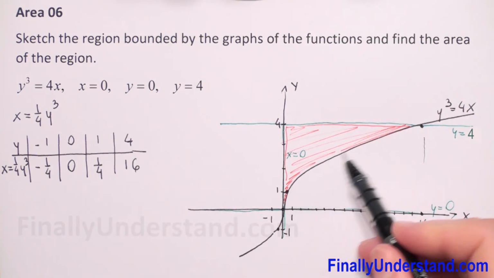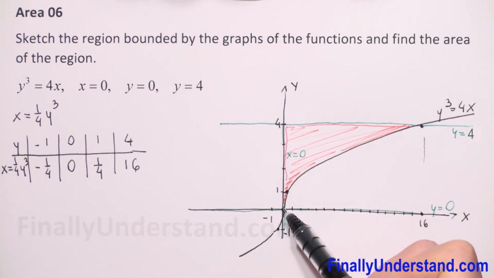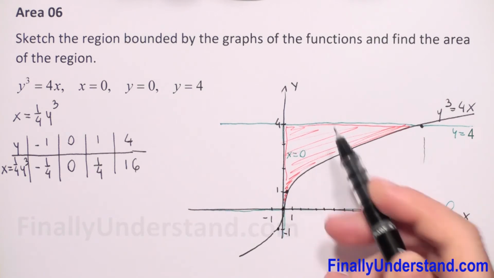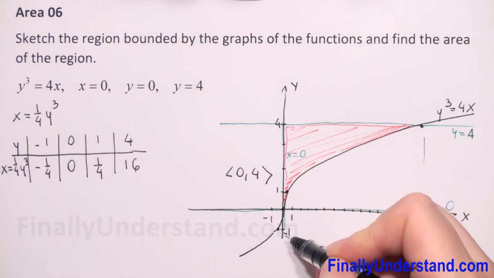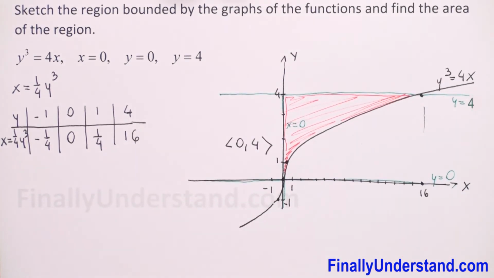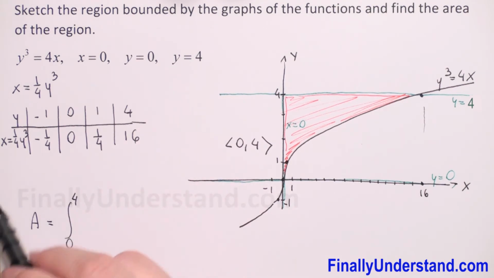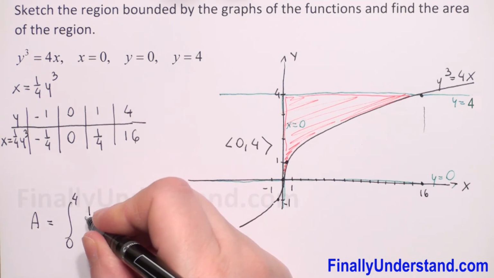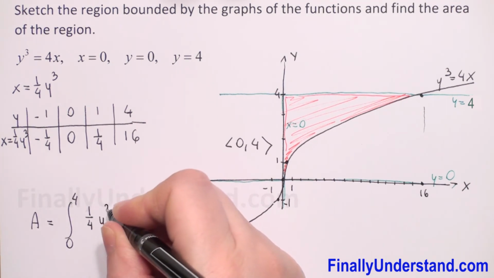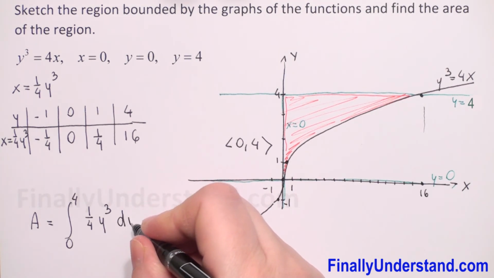So our function is continuous, and we have now to find the area between this interval from 0 to 4 on the y-axis. So we will use the formula that area is equal to the integral from 0 to 4 of 1 over 4 y cubed, because y is unknown, so we have now the integral with respect to y.